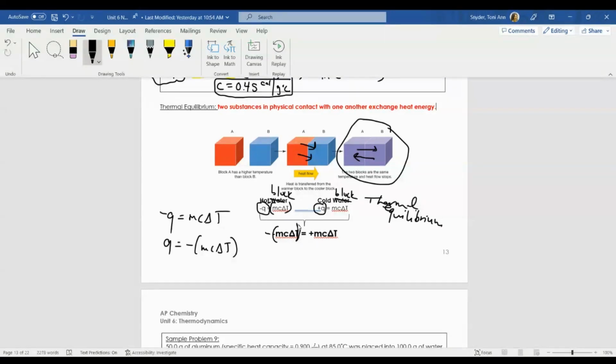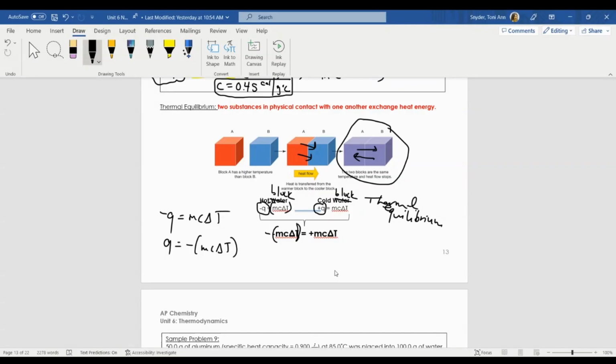But we can instead use negative MC delta T equals positive MC delta T. Okay, and this will allow for us to determine thermal equilibrium. This is only true when two substances end up at the same final temperature.